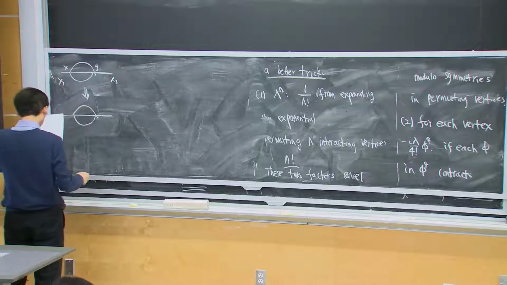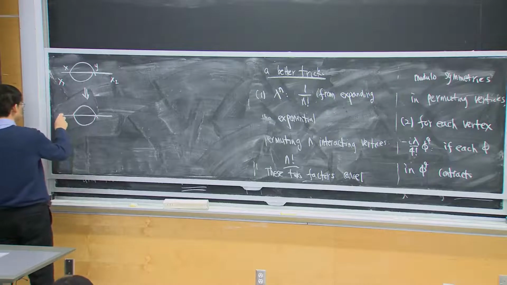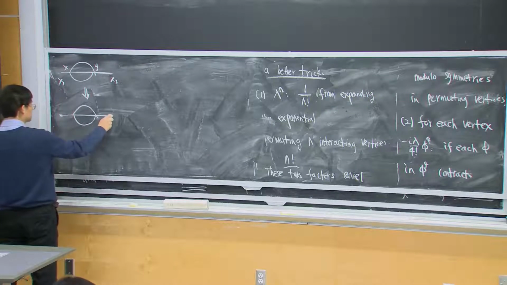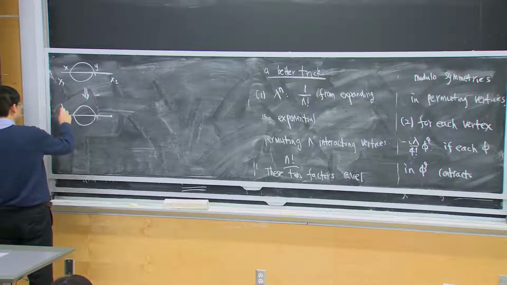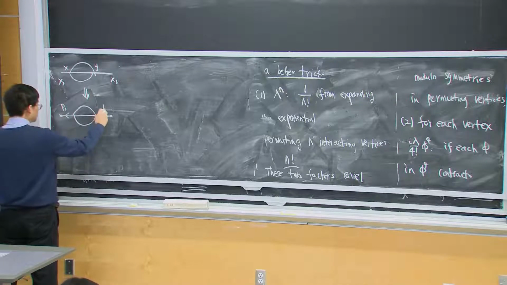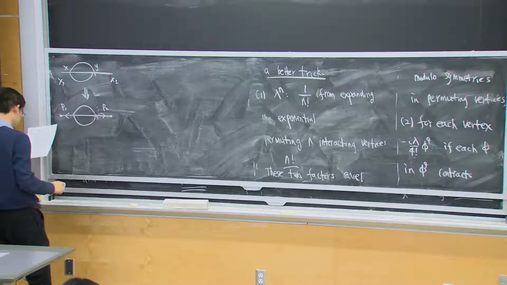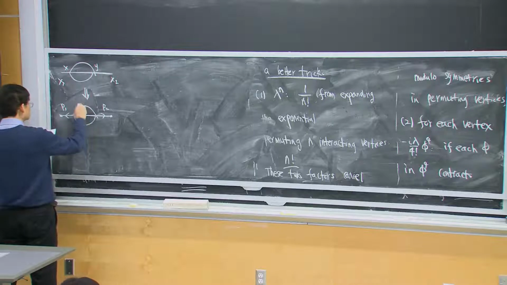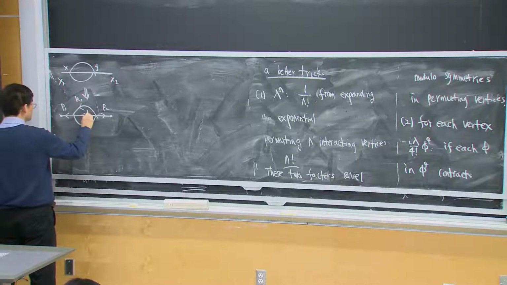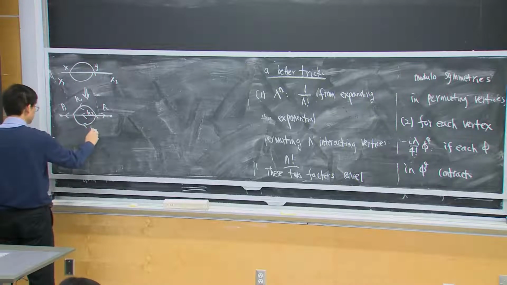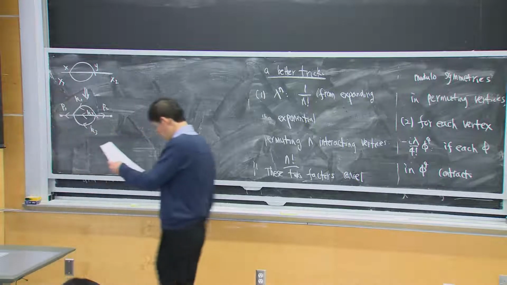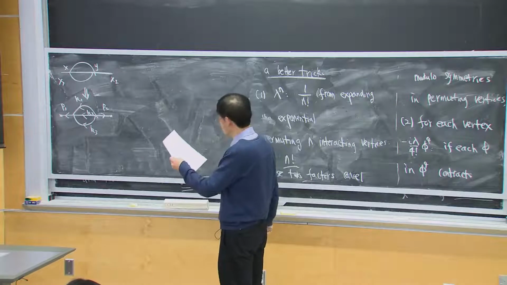Now we just label the momentum. We have the external point here, so here I have a momentum p1, and here I have momentum p2. Let's call these k1, k2, k3. You can assign momentum direction as you want. Now we need to impose momentum conservation.